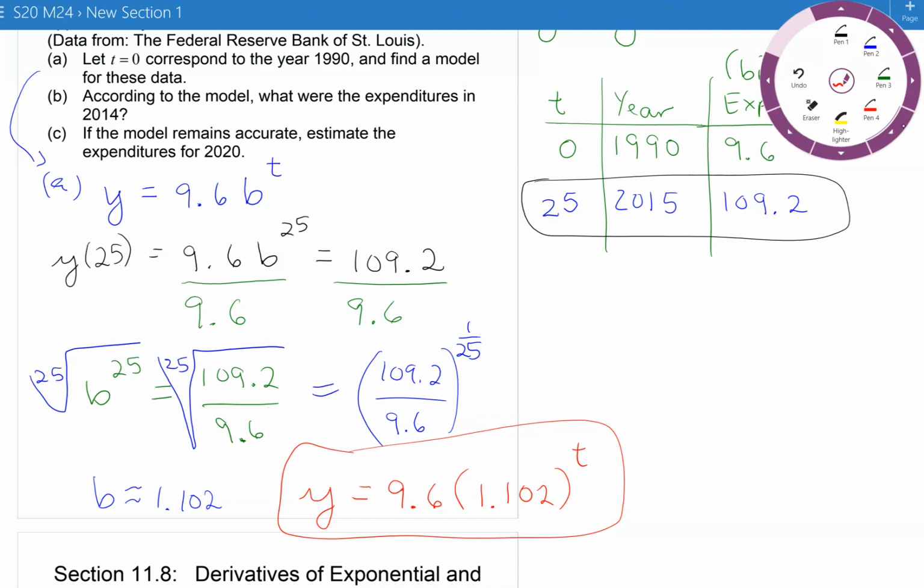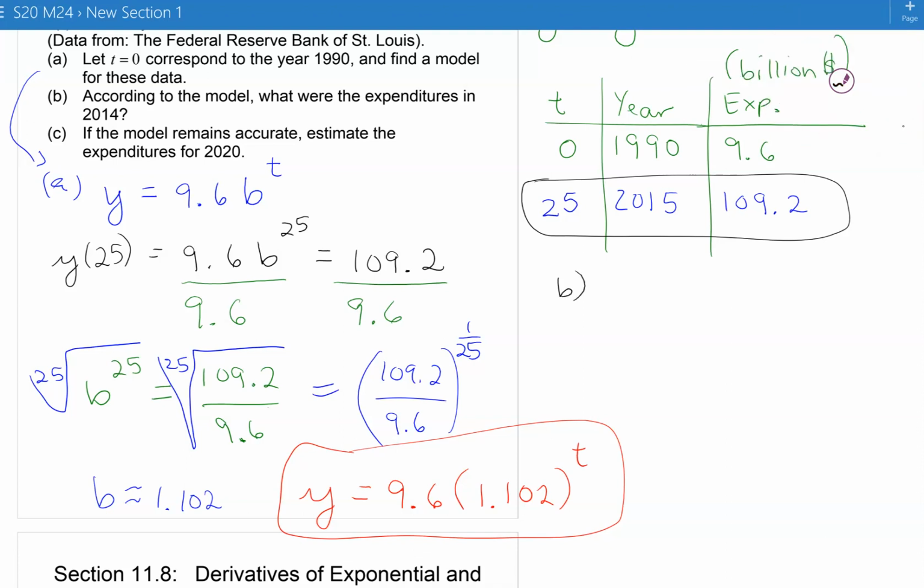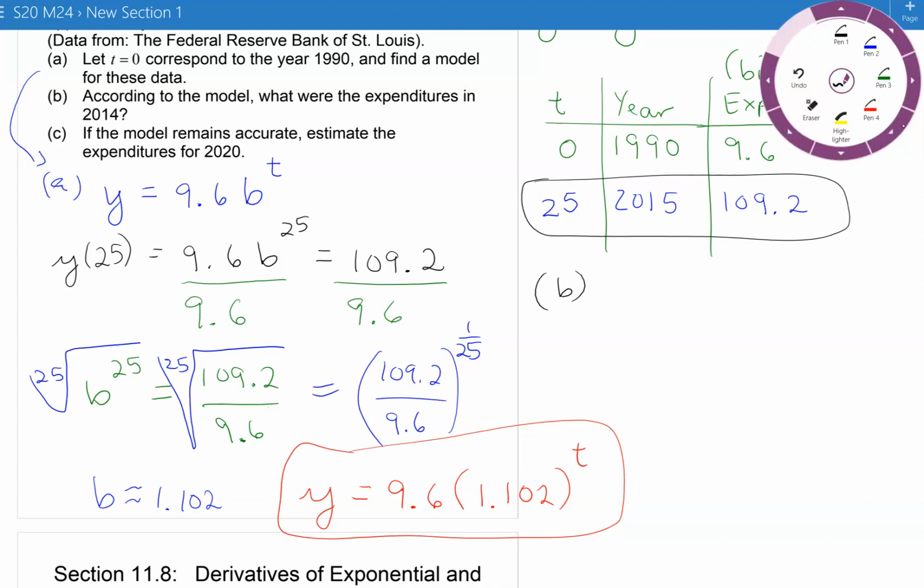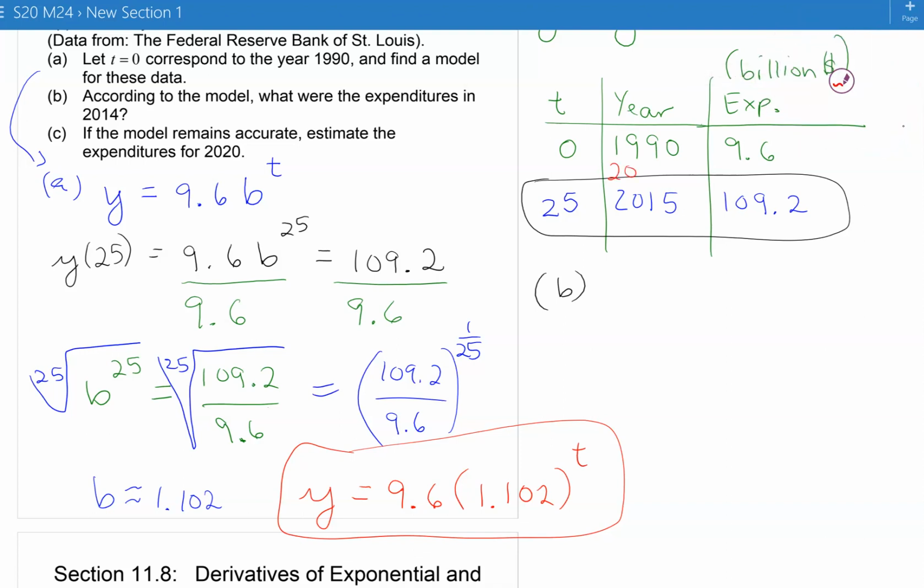Then we're being asked, according to this model, what were the expenditures in 2014? So let's see, 2014 would be here, and we're being asked what were the expenditures. So that's going to be when t is 24. So we're being asked, what is y of 24?